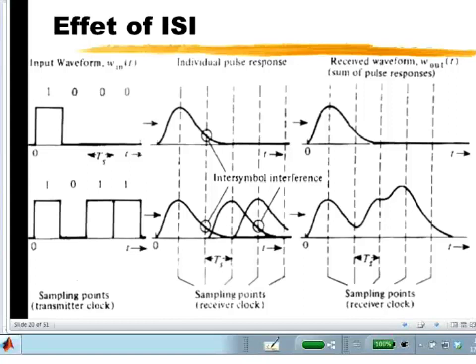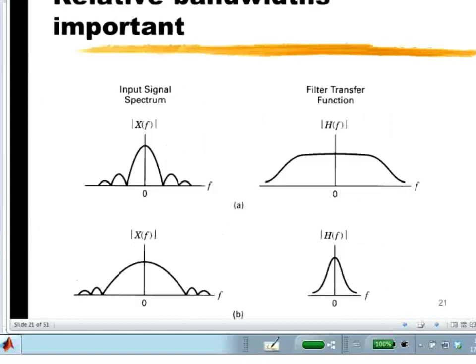So this is what we call the intersymbol interference effect. And again, as we saw in the example, the level of the intersymbol interference is directly related to the relative bandwidth of the signal and the channel.